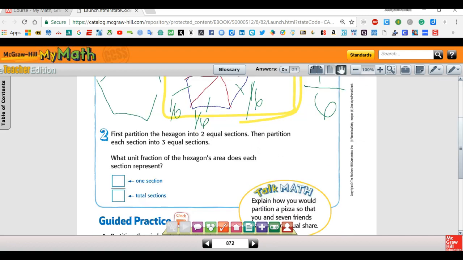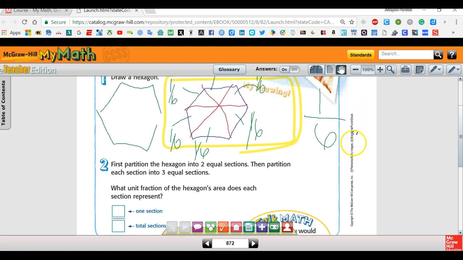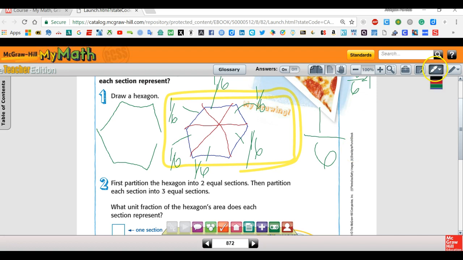It says first partition the hexagon into 2 equal sections, which we did. Then partition each section into 3 equal sections. So this is what they're wanting you to do. So I made another hexagon here. Once you make it, they want you to partition it this way, and then cut it like this.